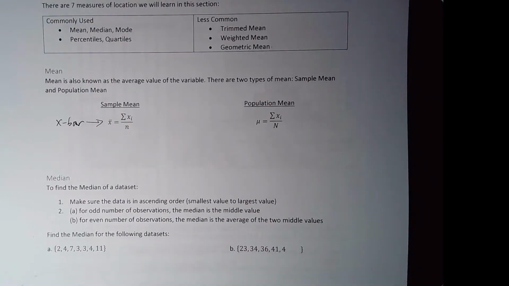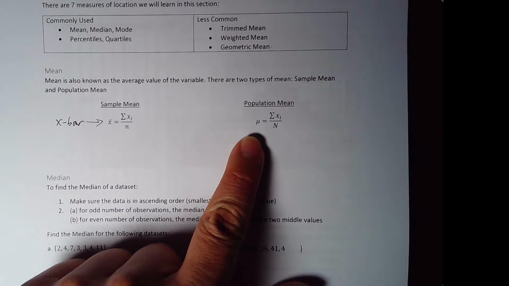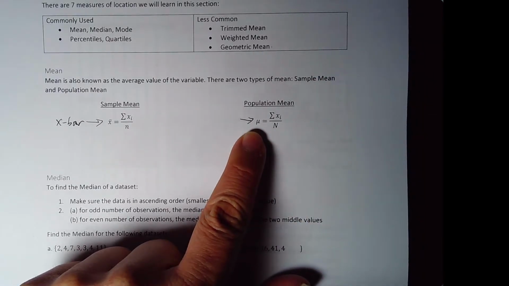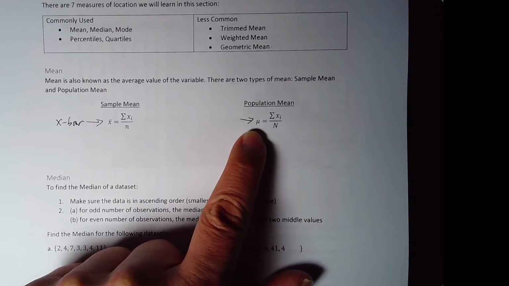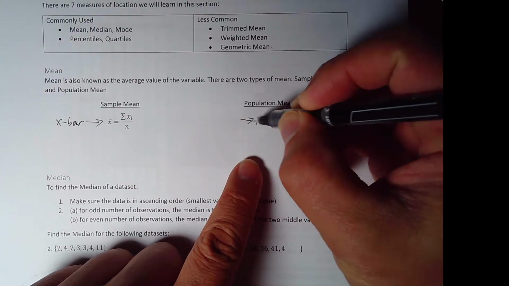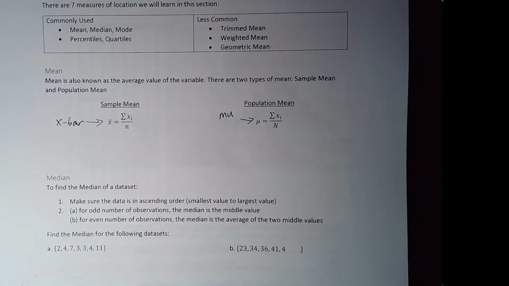Any population parameter in statistics, we will use Greek letters. That makes it very convenient. Anytime you see a Greek letter, it is a population parameter, the object that we are trying to estimate. This is pronounced mu. That's the Greek letter mu, and that is the population mean or population average.